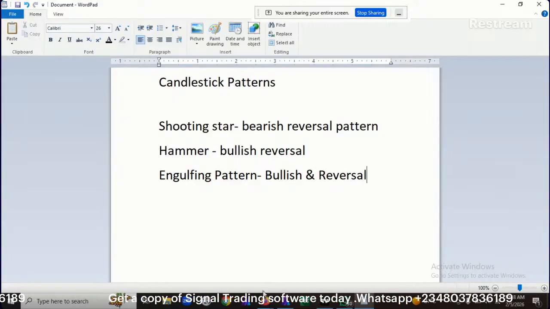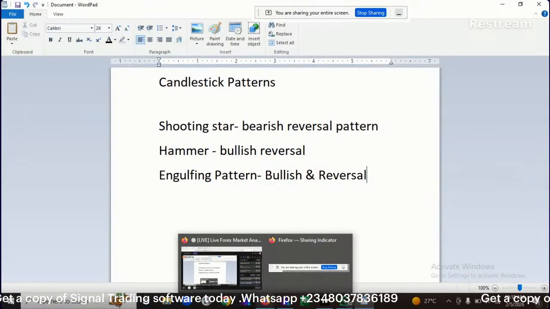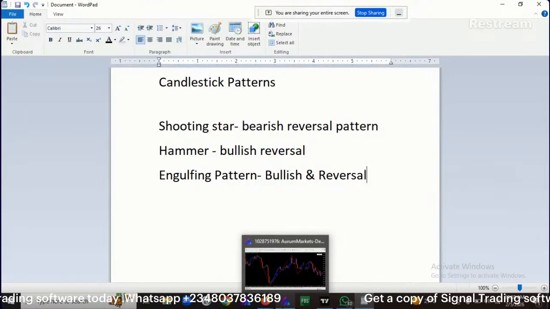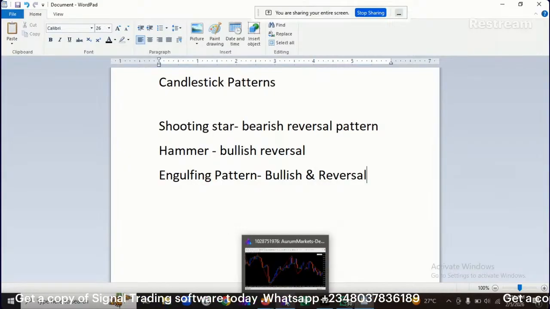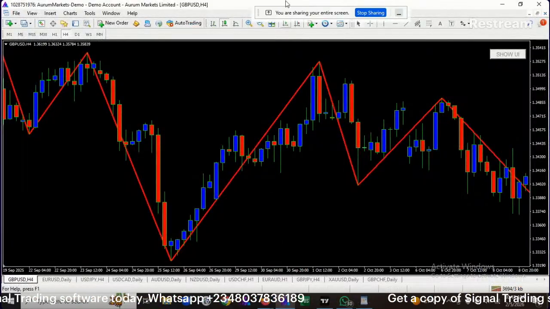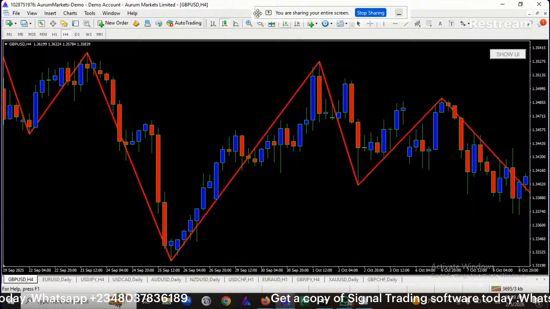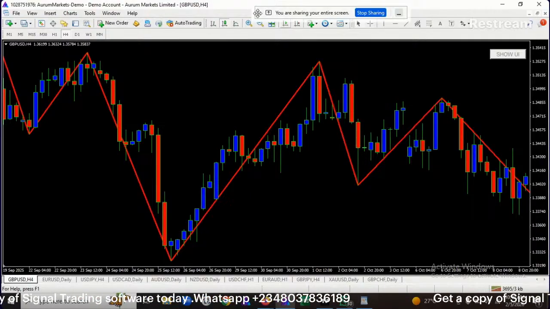It indicates that the bearish momentum has decreased and there is a high probability that price will go up from there. The bearish momentum is decreasing and the bullish momentum is increasing. It means the sellers, or the bears, are becoming weaker, they are becoming exhausted.